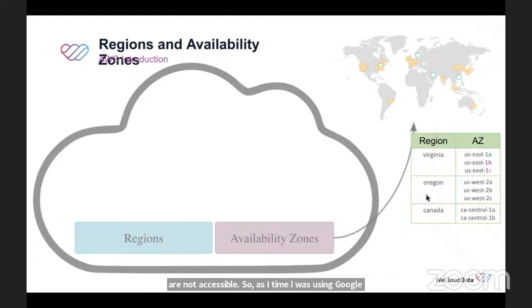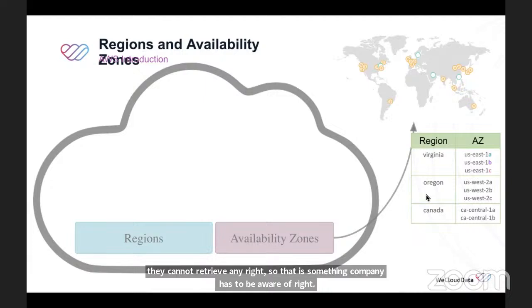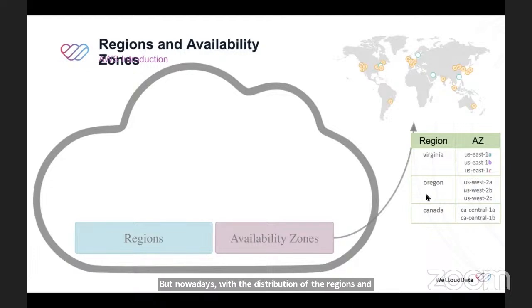When I searched up what happened, I saw a lot of threads where companies were saying they just had to end their workday because all their data is stored in Google Drive and they could not retrieve any. So that is something a company has to be aware of. But nowadays, with the distribution of the regions and zones, that is very unlikely to happen. There's still a possibility that it could happen if it's massively hacked, but we're more comfortable with it now.